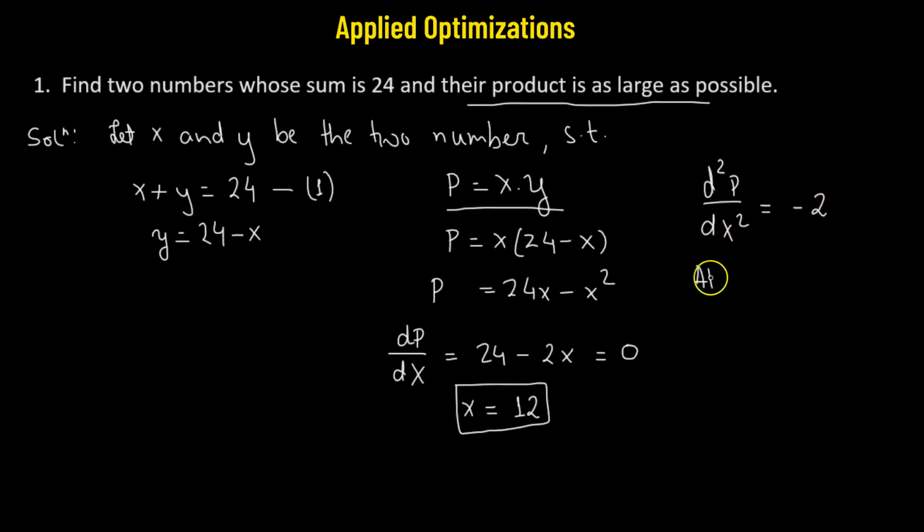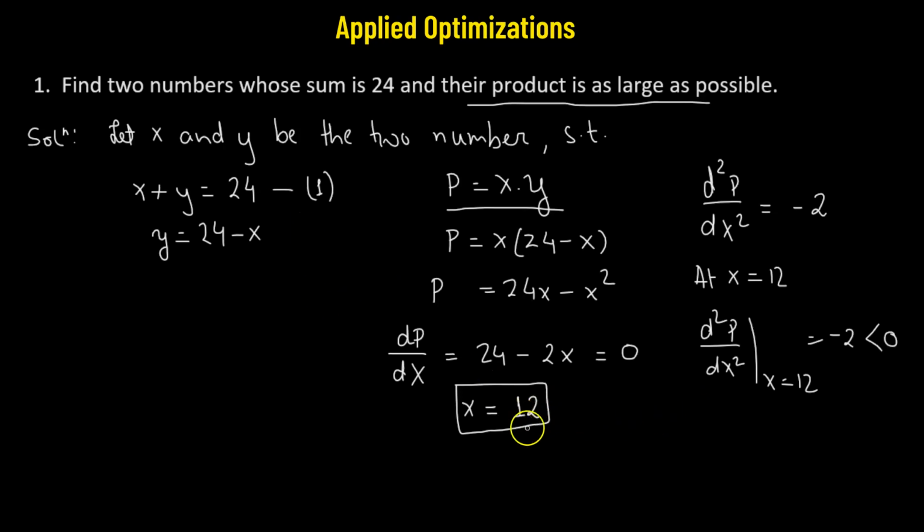So at x equals 12, d squared P over dx squared is, since this is a constant, simply negative 2, and negative 2 is less than 0. Recall from our second derivative test, when the second derivative gives us a negative value, x equals 12 will be the maximum value. So this is the point of maxima.